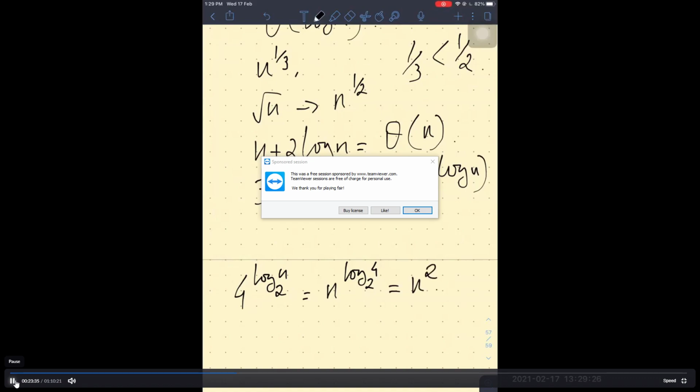Okay. Then we have another function, 5n plus n squared, and also 7n squared. So all of them have runtime of theta n squared.